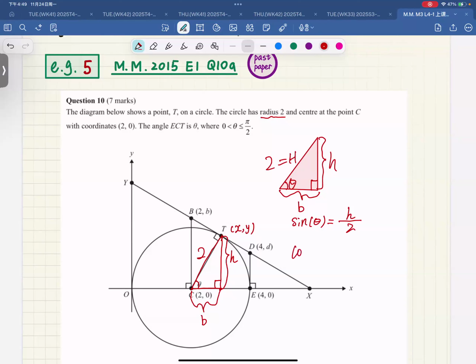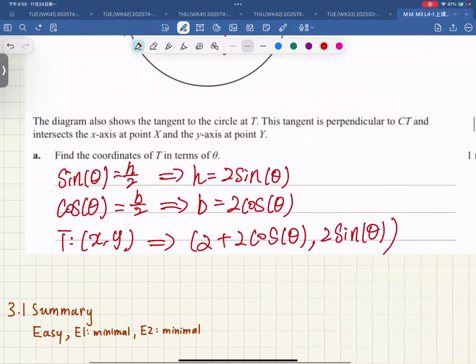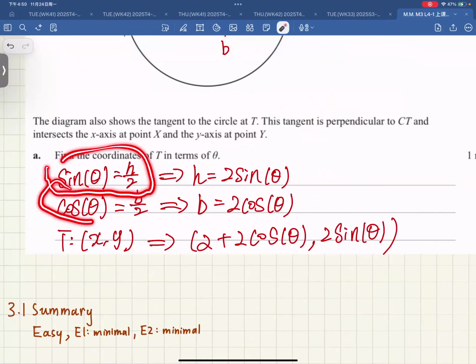Okay. Cosine theta is equal to b over 2. So that's why we have sine theta is equal to h over 2, and cosine theta is equal to b over 2.